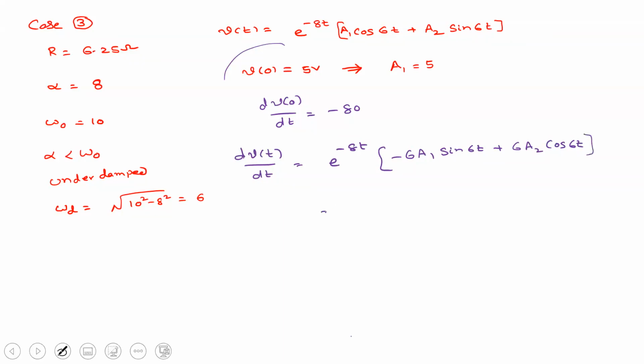And the second term, the differentiation of the second term, will be minus 8 into e to the power of minus 8t, as it is the same term, a1 cos 6t plus a2 sine 6t.